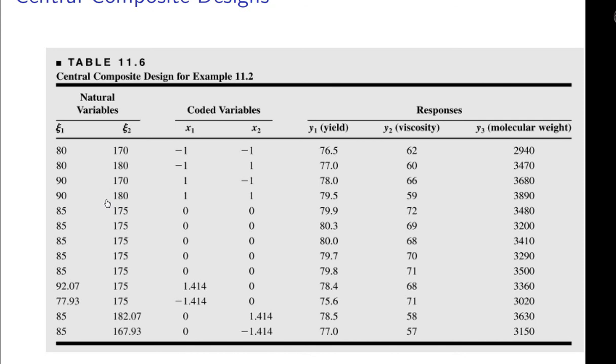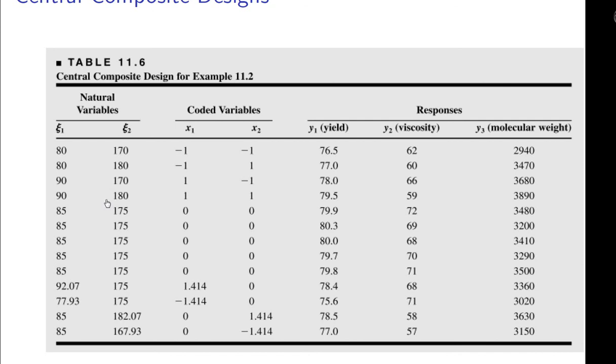They are coded in our geometric representation as dimensionless variables, now x1 and x2, normalized to the scale -1 to 1 for the original fractional factorial assignments.